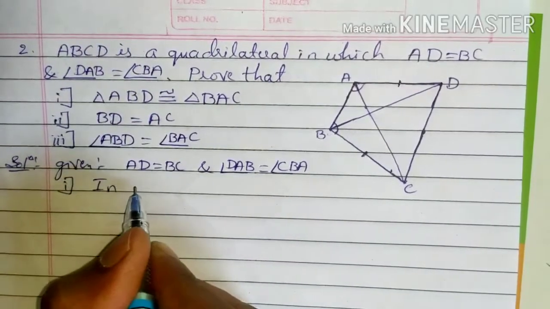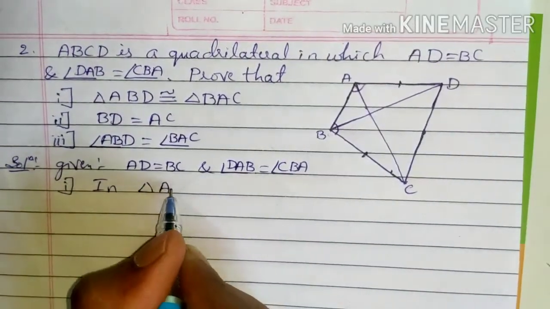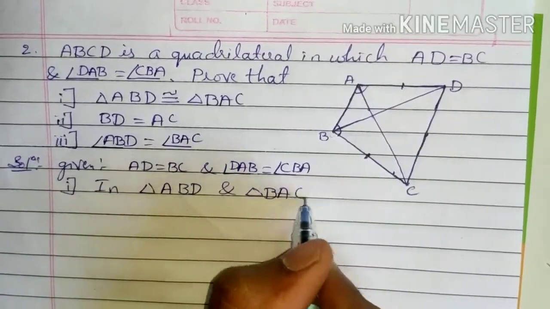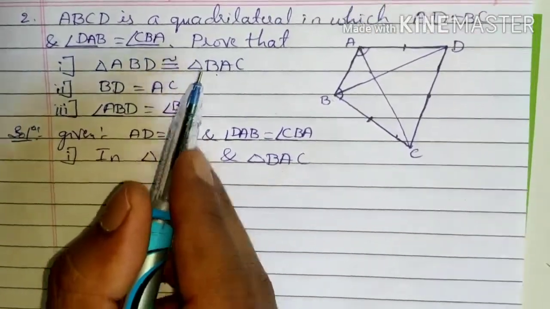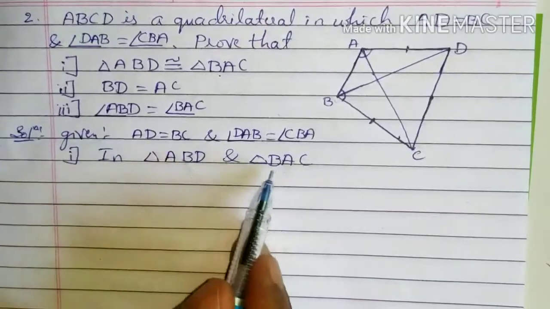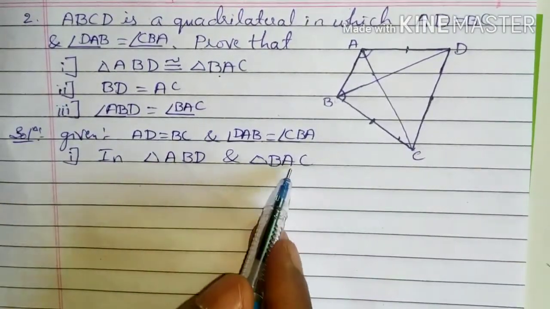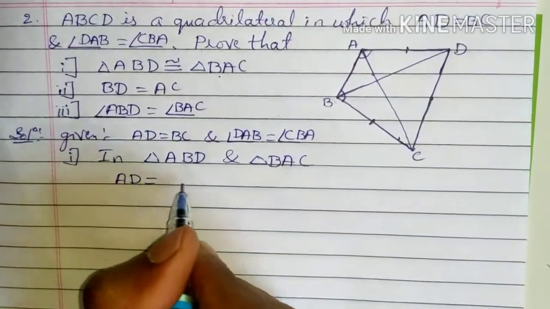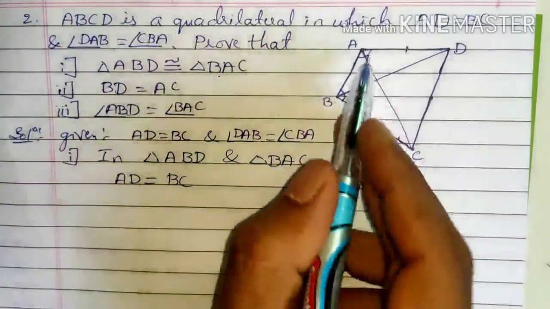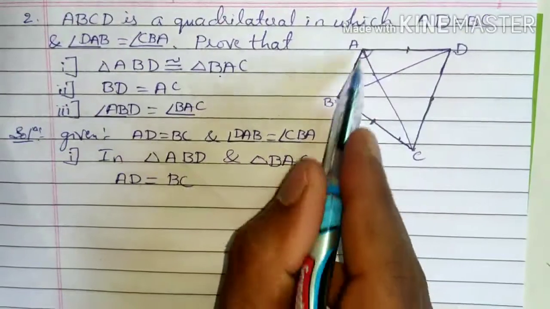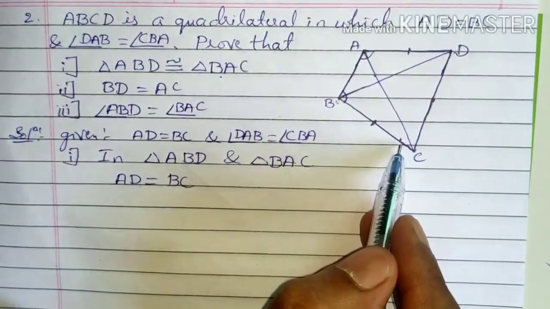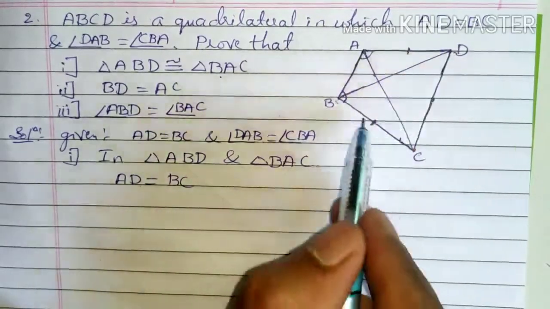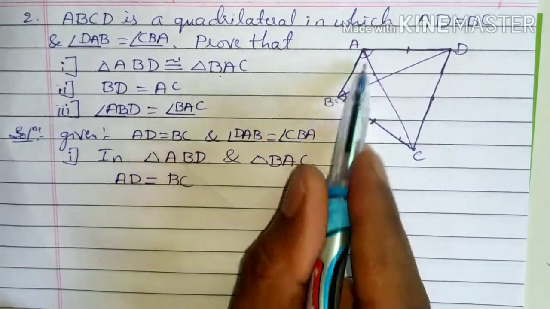So in triangle ABD and triangle BAC, we have to prove these two triangles are congruent. So we will consider in these two triangles. So in these two triangles, what we see, AD is equal to BC, ABD and BAC, these two are triangles. So here AD is a side for ABD and BC is a side for BAC.